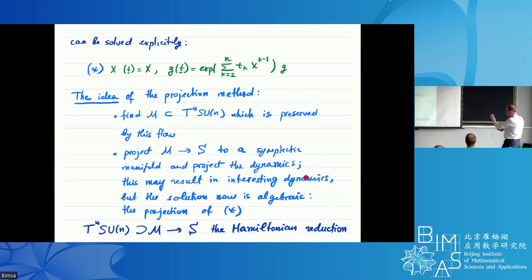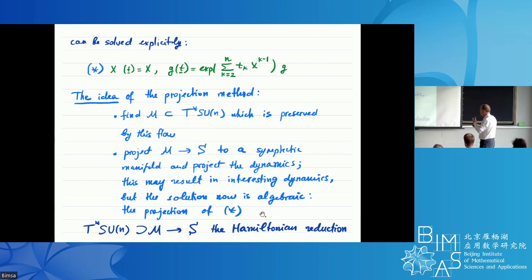And I will describe exactly how it works in this specific setting. So typically, this submanifold M is coisotropic, for those who know symplectic geometry. And the projection from M to S is the symplectic reduction of the coisotropic submanifold. So this whole thing is known as the Hamiltonian reduction.